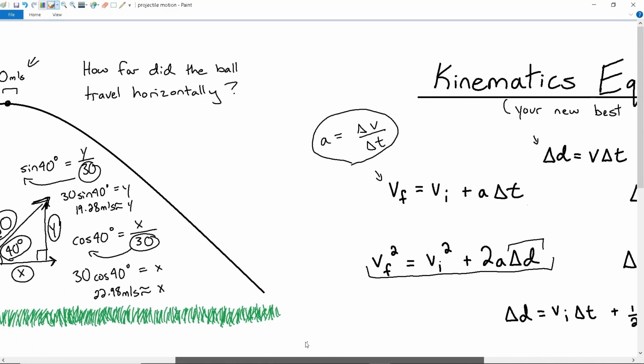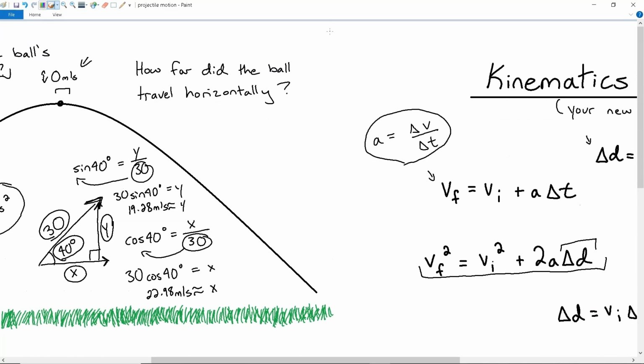So let's just go back here so I have some space to write things out. Vf squared, well, our final velocity is a 0, so we can just say that's a 0. This will be our initial velocity of 19.28. And then just making sure that our acceleration is negative to show that it's in the opposite direction.